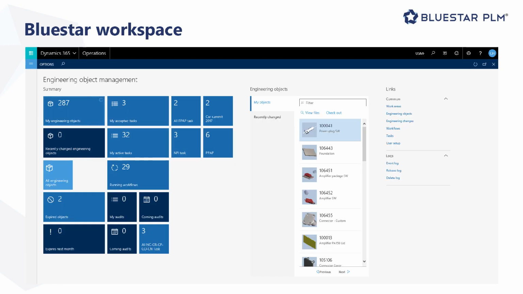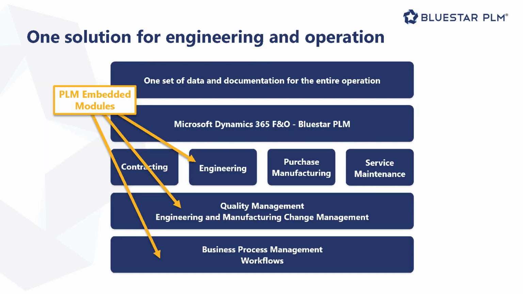And if you look at this, you see the Bluestar workplace where I, as an engineer, have my different tasks, I have my different engineering objects, and so on. So basically, our engineers are kept in Bluestar and F&O and CAD, but from a workspace oriented approach, you only need to work in one system and don't have to switch between the three of them.